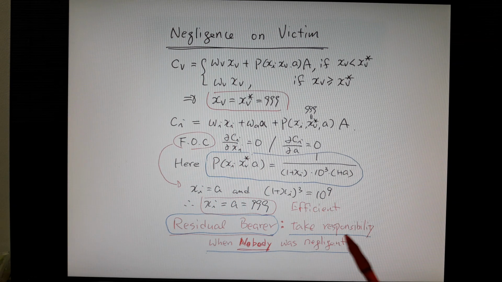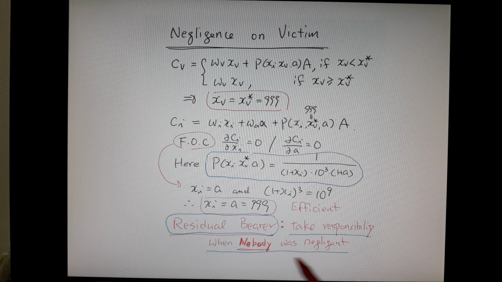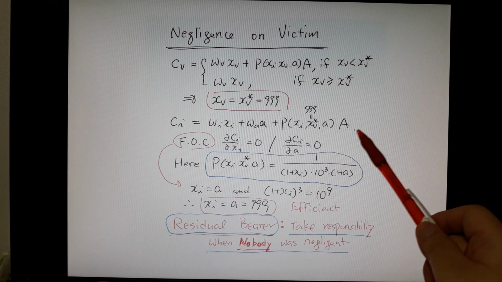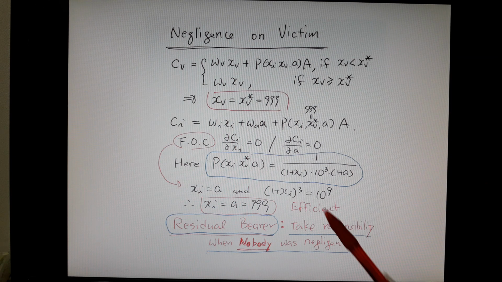The person who takes the responsibility when nobody was negligent. So when xv is bigger than xv star, xi is bigger than xi star, we cannot blame anybody because both victim and injurer were careful. But still, when there's an accident, somebody should pay.